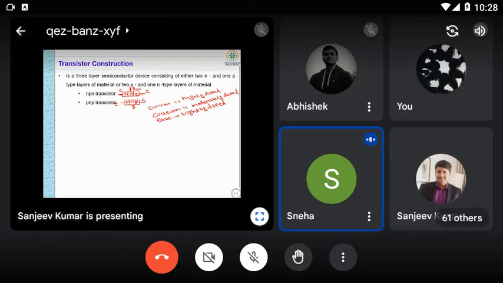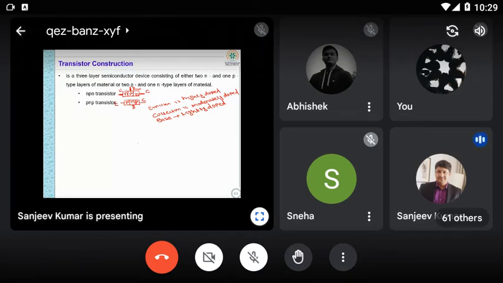Sir, why does the base need to be lightly doped? Now you can see, because you have three regions. One is the emitter, because we have to generate more electrons or more holes, that's why it is highly doped. Now the base: dimension wise also it is thinner, very narrow, because it will create PN junctions.